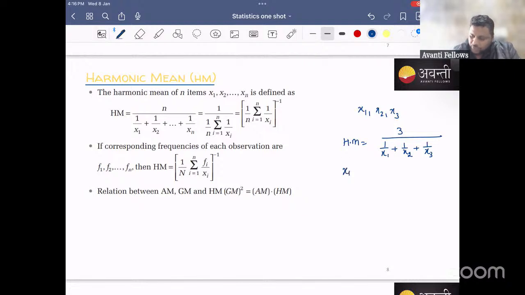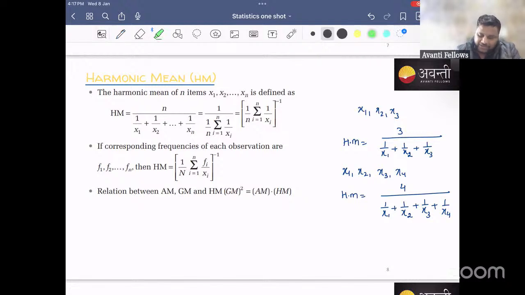Now if there are 4 observations x1, x2, x3, x4, then harmonic mean will be 4 upon 1 by x1 plus 1 by x2 plus 1 by x3 plus 1 by x4. Understood? Similarly, if there are n observations, their harmonic mean is n divided by 1 by x1 plus 1 by x2 plus 1 by x3 and so on up to 1 upon xn.